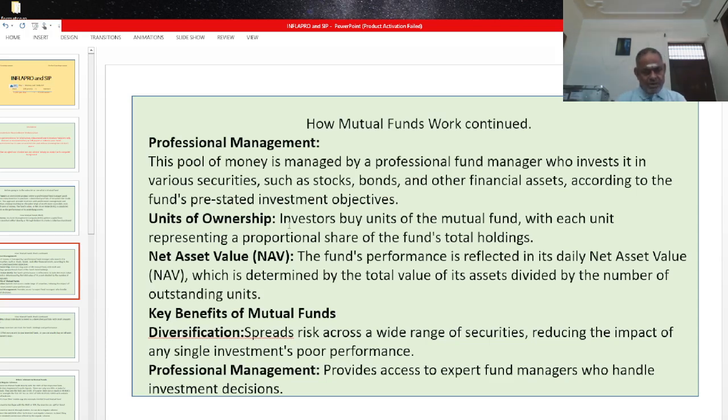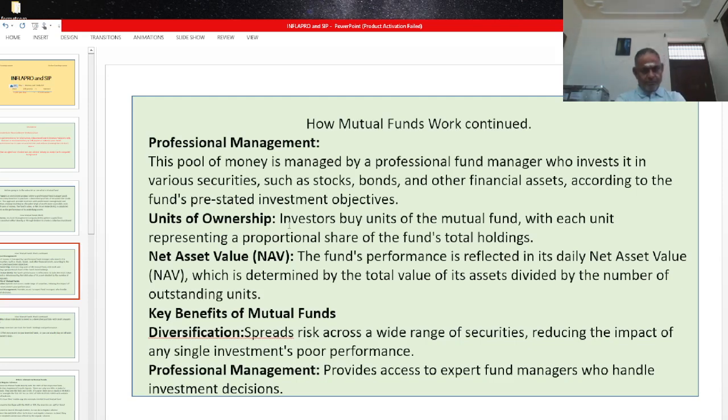Units of ownership. Investors buy units of mutual fund with each unit representing a proportional share of the fund's total holdings. Net asset value, NAV. The fund's performance is reflected in the daily net asset value, which is determined by the total value of assets divided by the number of outstanding units.